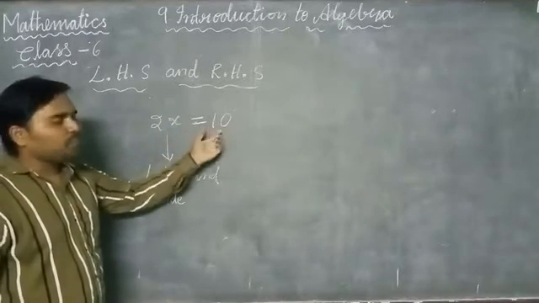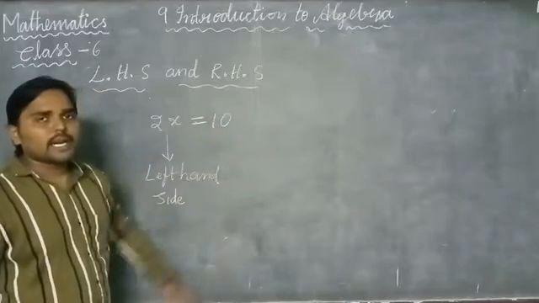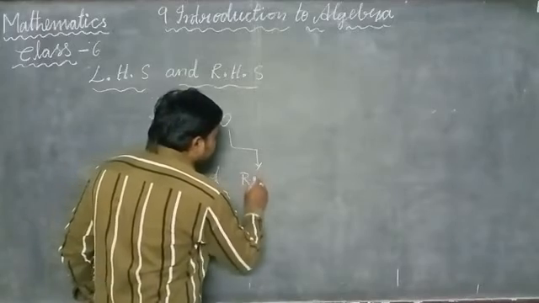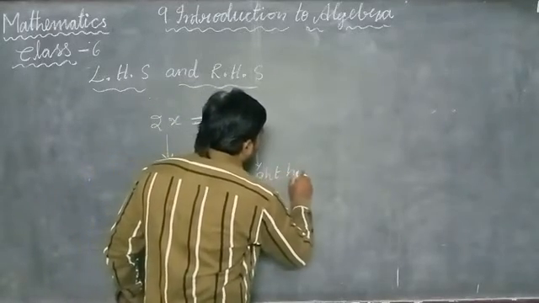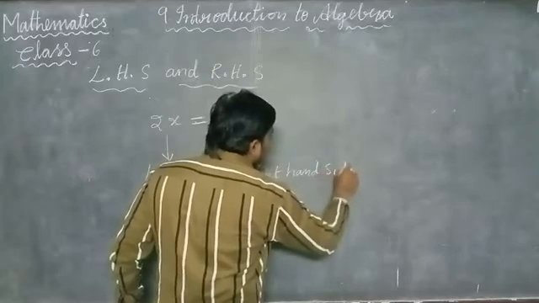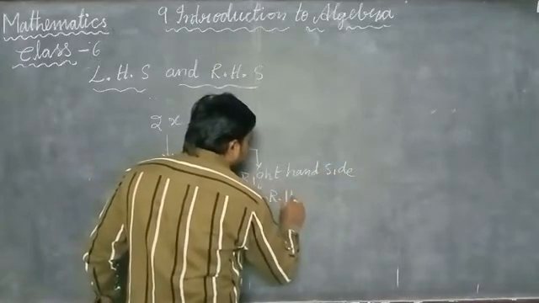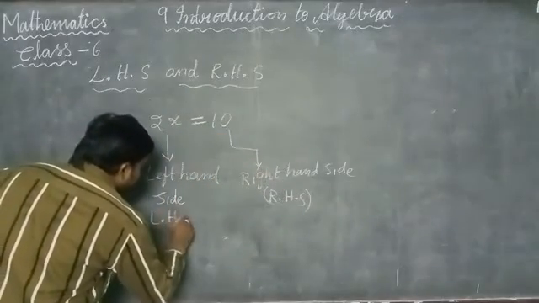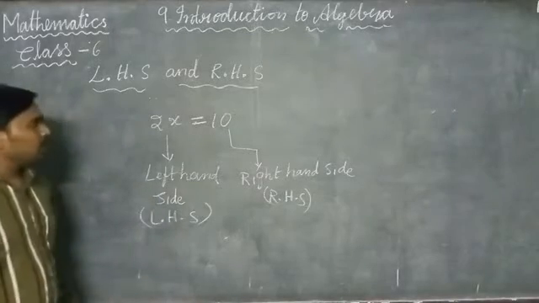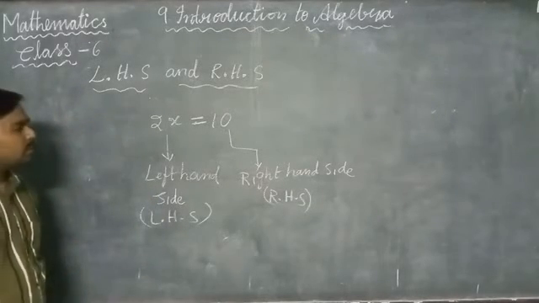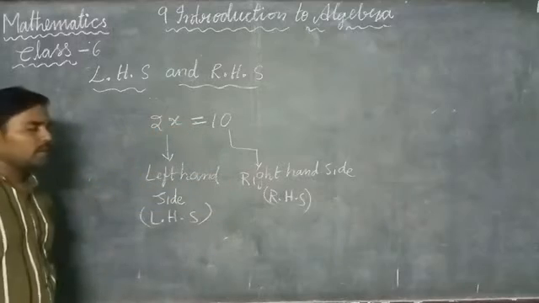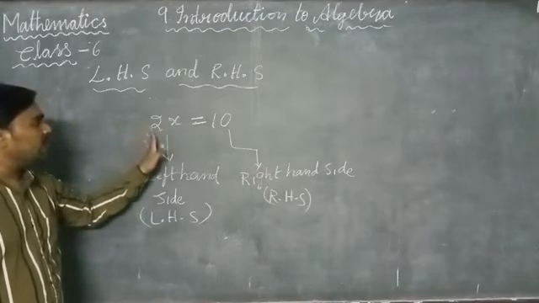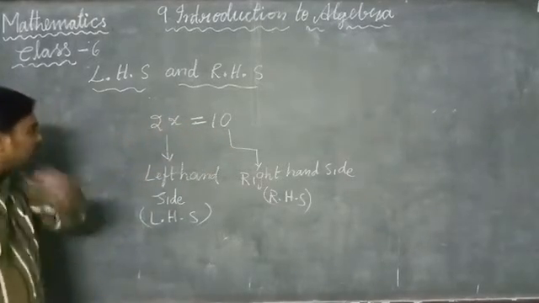And if any digits or parts lie to the right side of the equals sign, it is treated as the right hand side, also called RHS. This is the RHS part and this is the LHS part. In this way, we have to check the LHS and RHS. In equations, LHS is always equal to RHS.